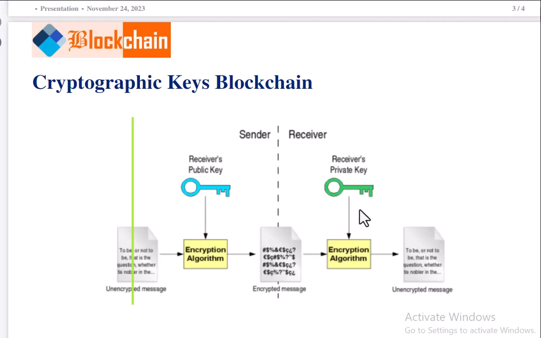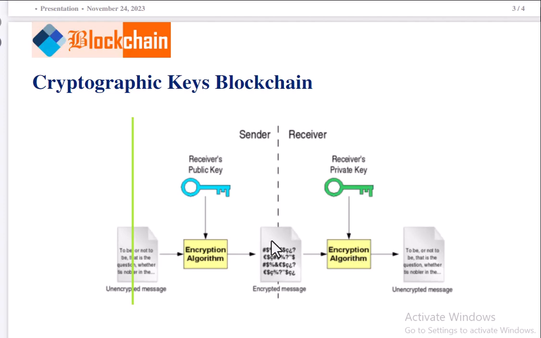Since the public key of each node is known to all the other nodes, suppose this is sender A and this is receiver B. If sender A wants to send some message to receiver B, then sender A already knows receiver B's public key, so he will encrypt the message with the receiver's public key. And when this encrypted message is received, receiver B will decrypt it with his own private key.